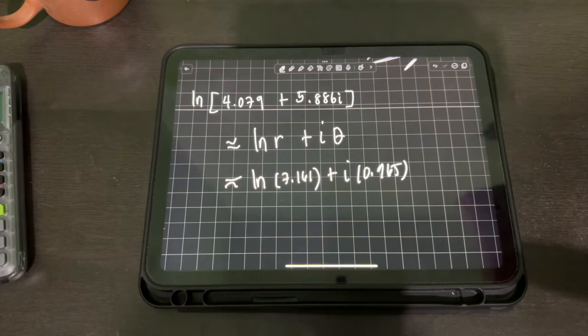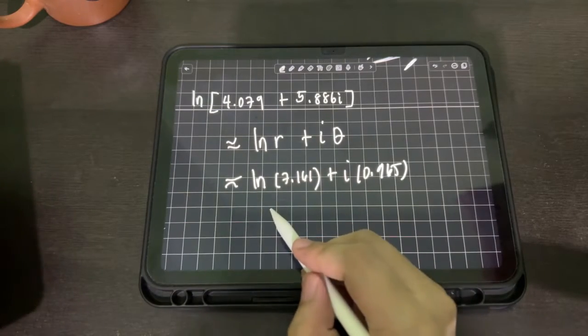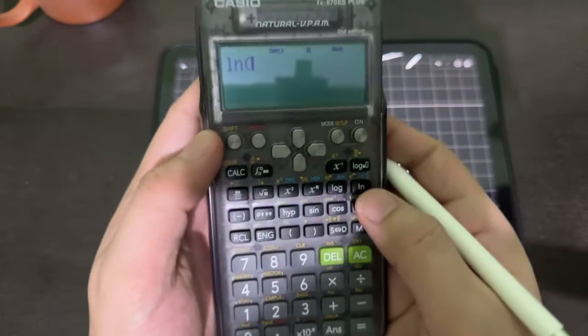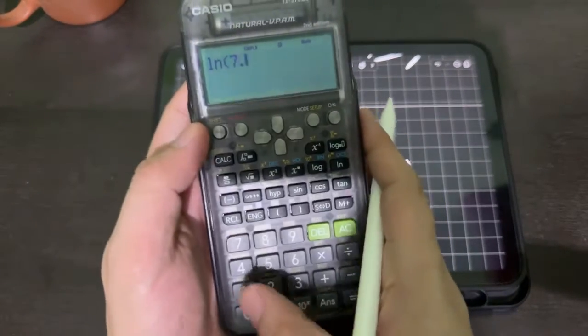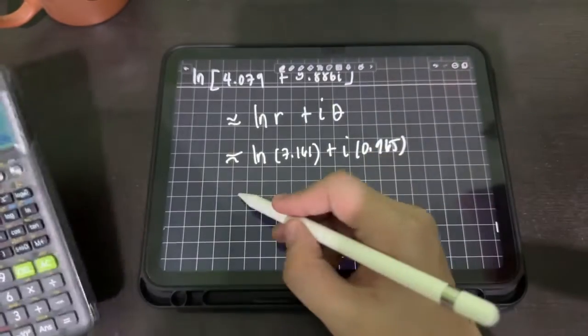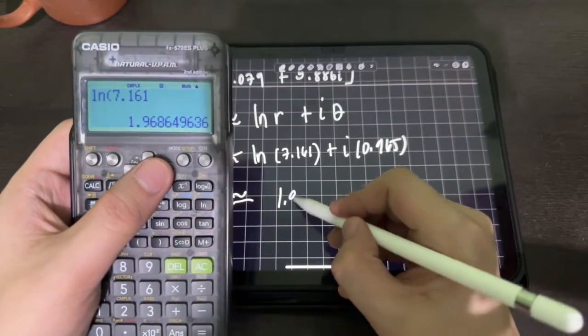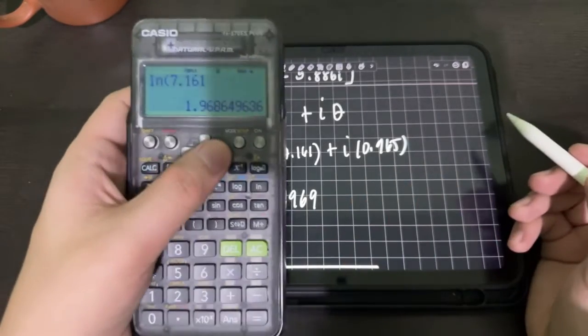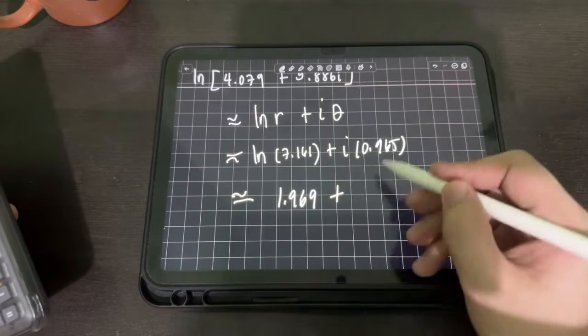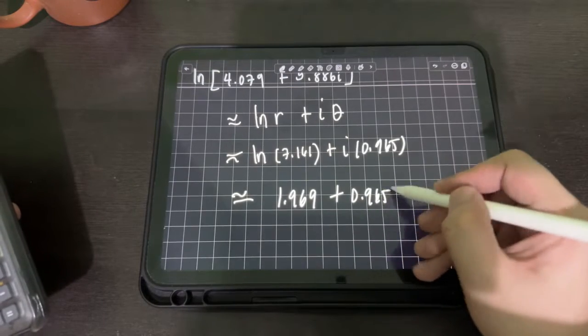Using your calculator, approximate ln of 7.161. It is equal to 1.969, to 3 decimal places, plus 0.965i.